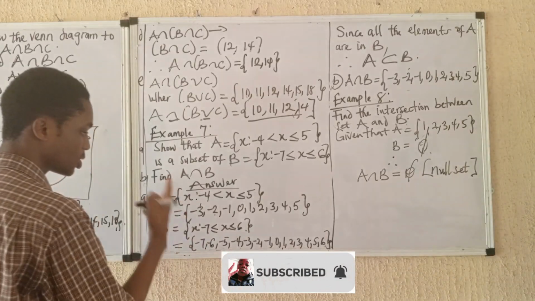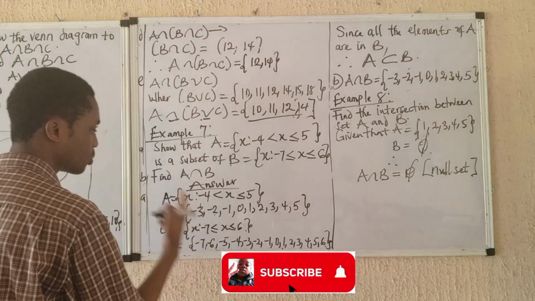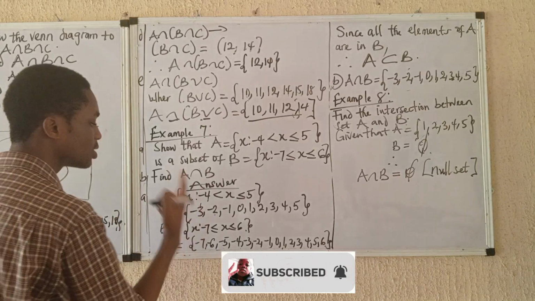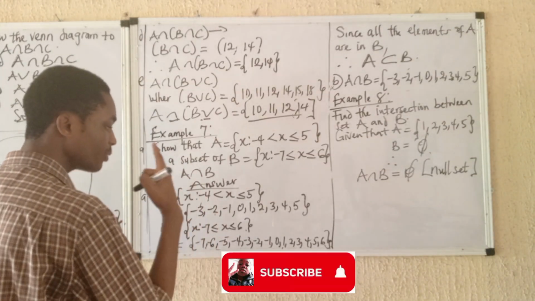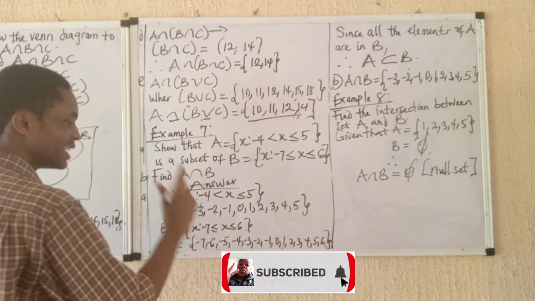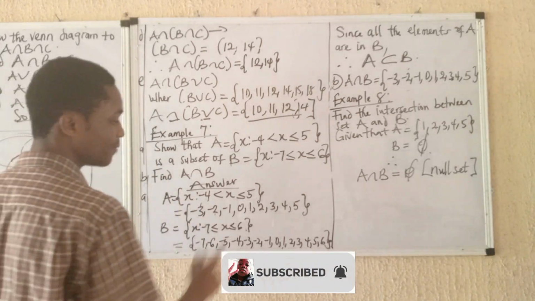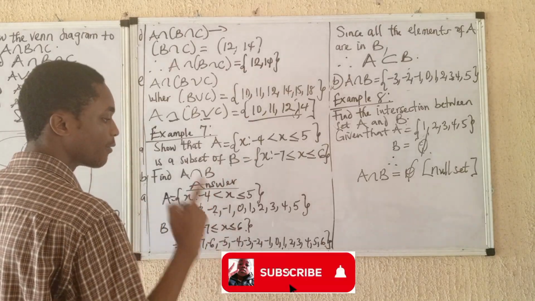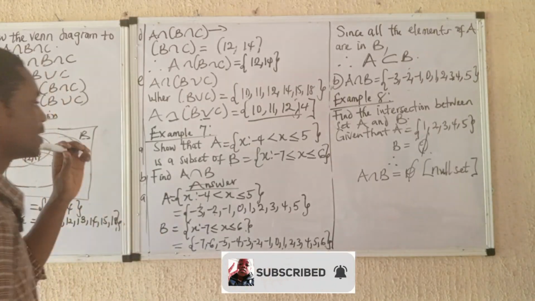Therefore, set B equals, starting from -7 because X can equal -7: -7, -6, -5, -4, -3, -2, -1, 0, 1. Where should we stop? X is less than or equal to 6, so we stop at 6: 2, 3, 4, 5, and 6. So we've interpreted this one now.